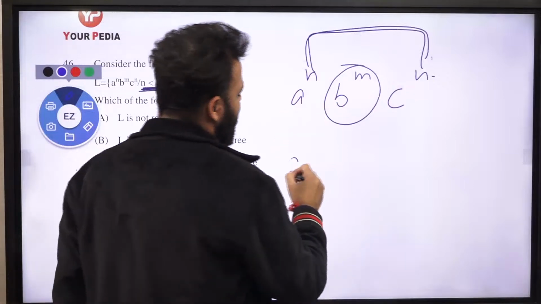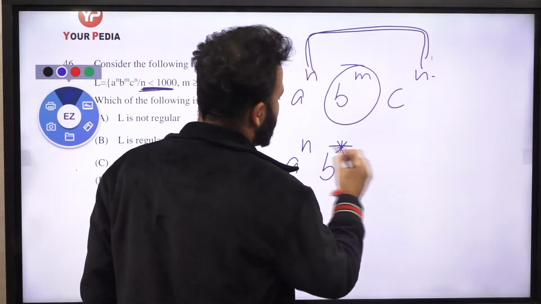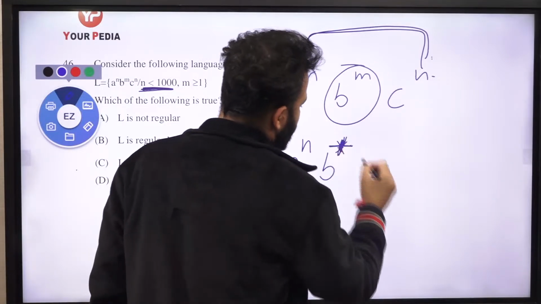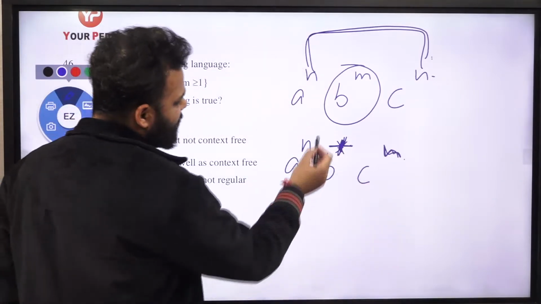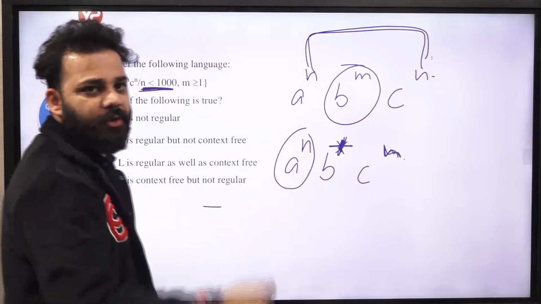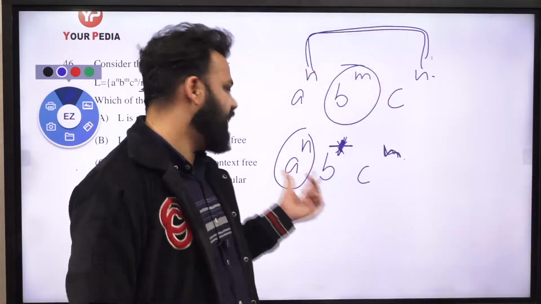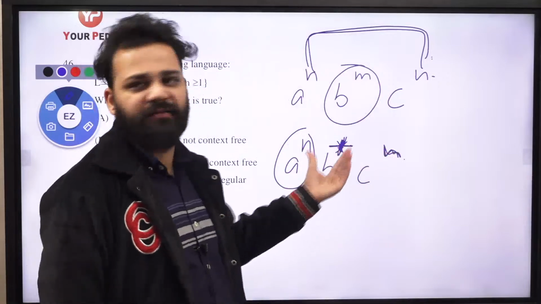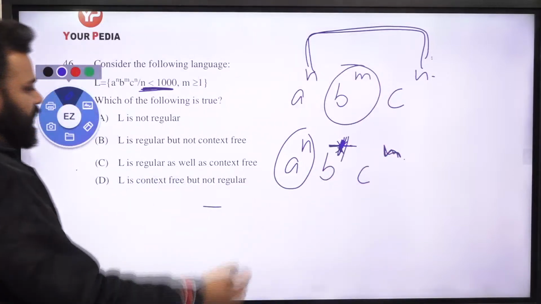So you can write it as a^n b*, or if m is greater than 1, as b+ c^n. So the DFA will accept any number of A's less than 1000. As it is less than 1000, it will be finite, so finite comparisons can be made. After that, b star you can make normally, because there is no comparison.